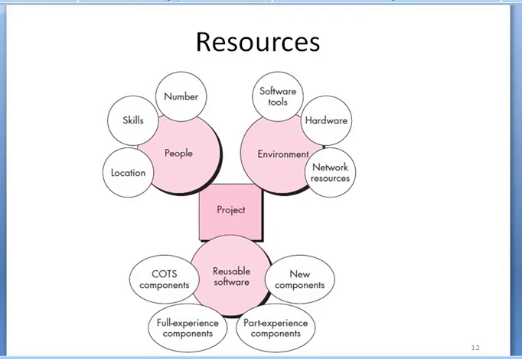Next point is resources. Whenever a planning task is estimated as per the resources required to complete the software development efforts, we need to have different kinds of resources. As per this given diagram, there are three major categories of software engineering resources: human resource, environment resource, as well as reusable software resource.